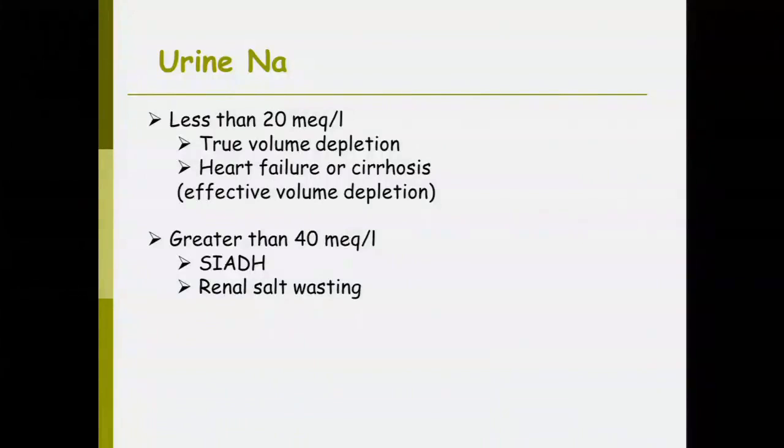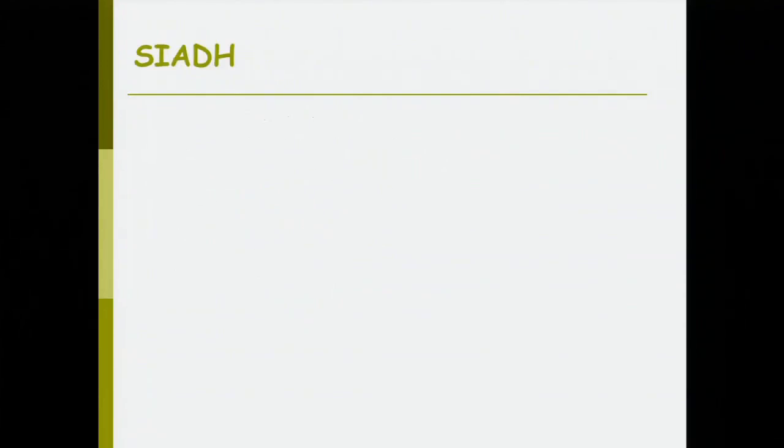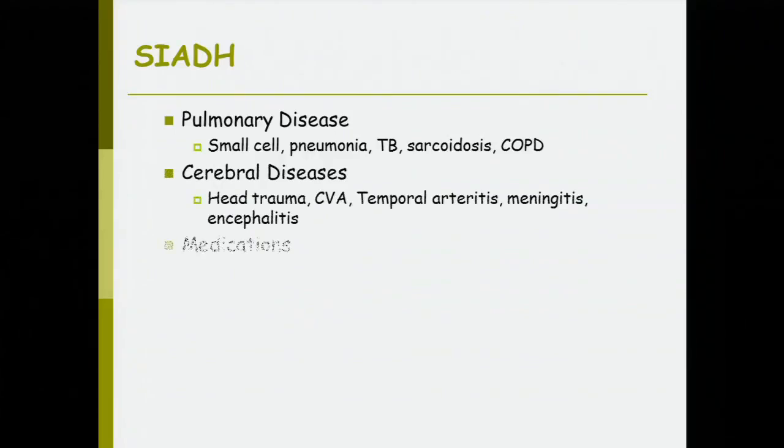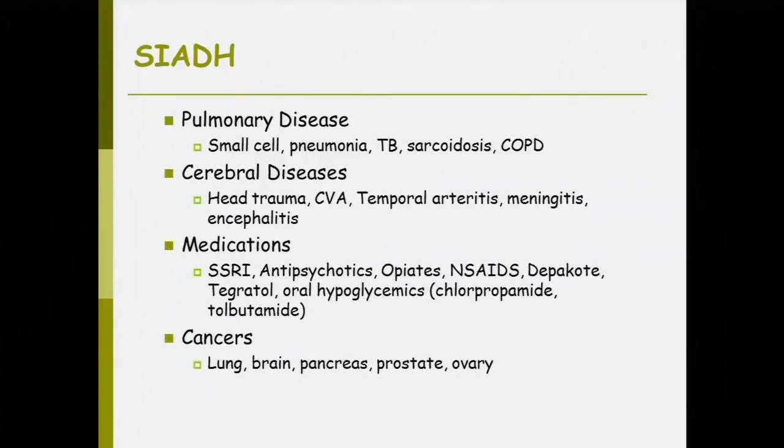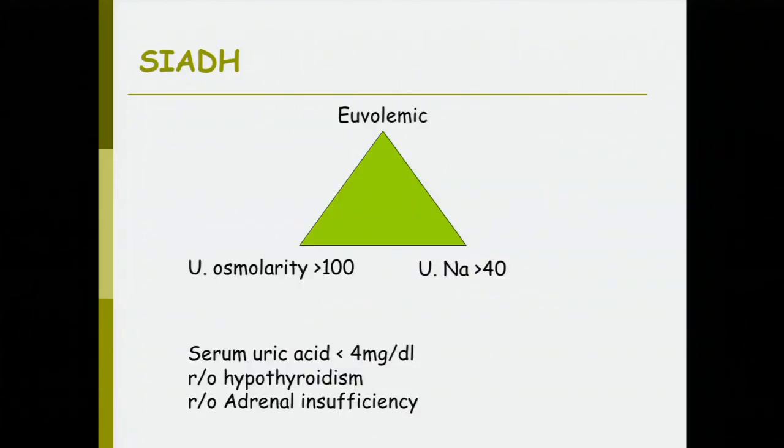Good? Okay. And then renal salt wasting is the same thing as cerebral salt wasting, where you also have the features of volume depletion, and then you're losing lots of sodium in the body. Then SIADH, these are the causes. You can review it. I'm not going to read them out to you. And then three features of SIADH.